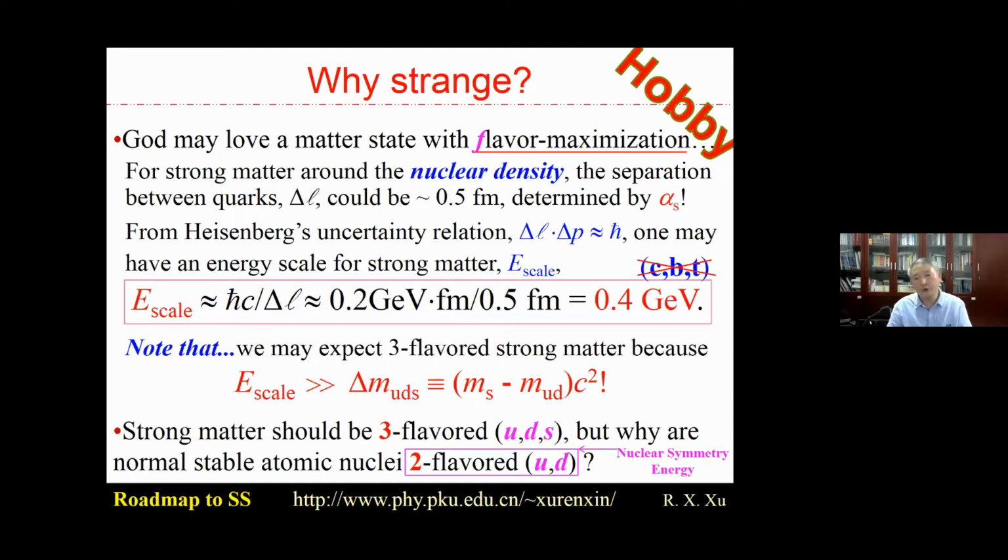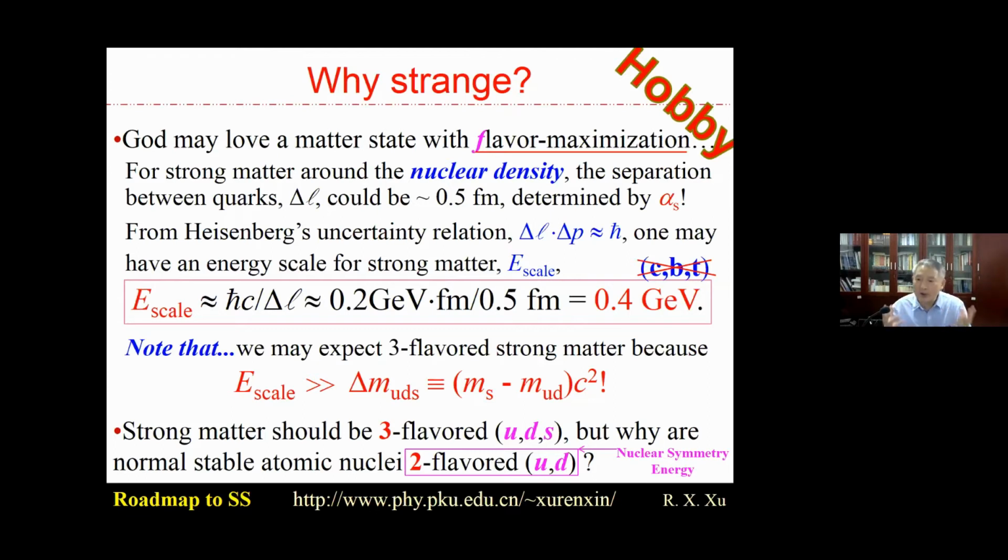If you try to solve a problem in the regime of perturbative quantum chromodynamics, perturbative QCD, at least the energy scale could be higher than 1 GeV. But in our case, the typical energy scale could be 0.5 GeV.